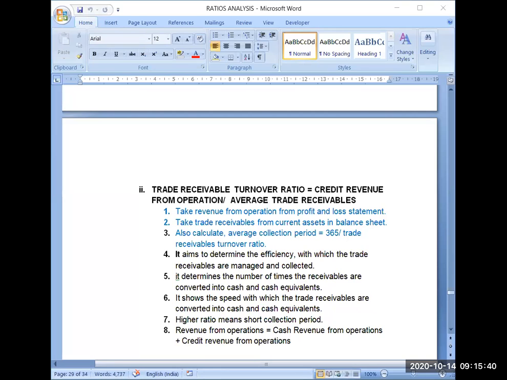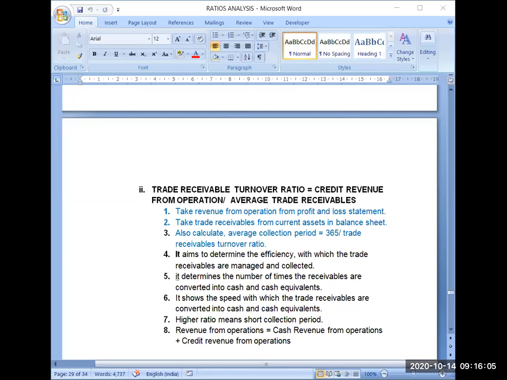Because the source of trade receivable is credit sales, the debtors and bills receivable emerge in the business only because of credit sales. So that's why we will be considering only credit sales in this formula.